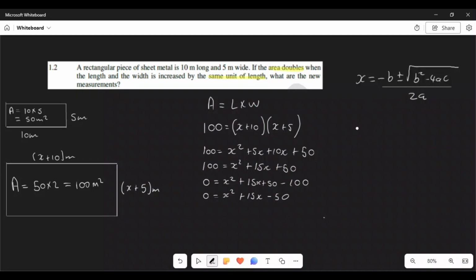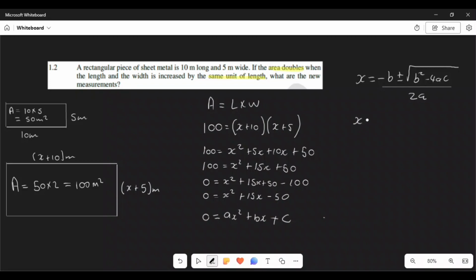Right, so from here we just substitute. Remember, this is from this equation here. We know that a is the coefficient of x squared, b is the coefficient of x, and c is the constant. So you look at this and see whether they correspond.